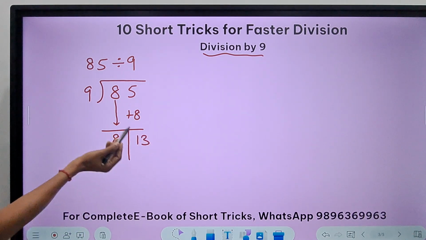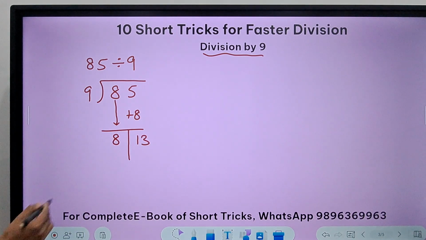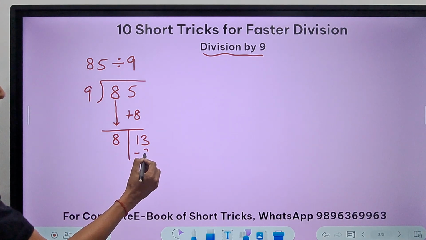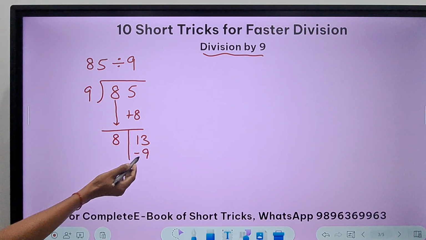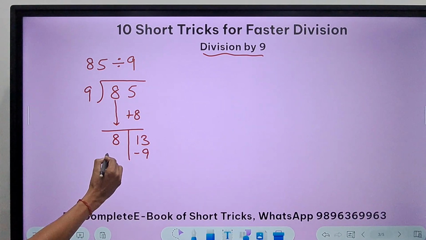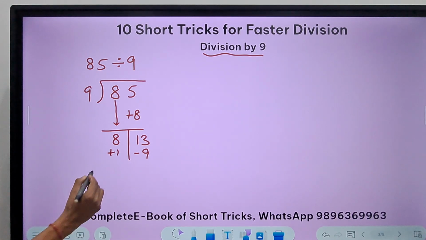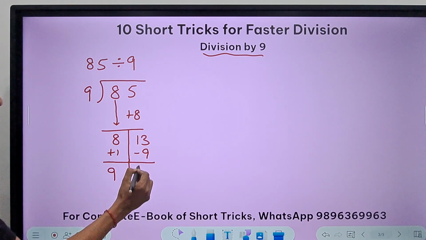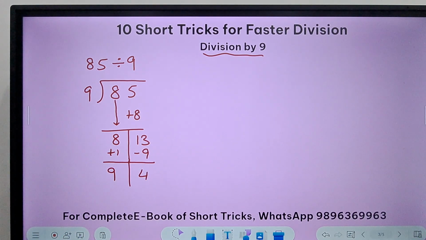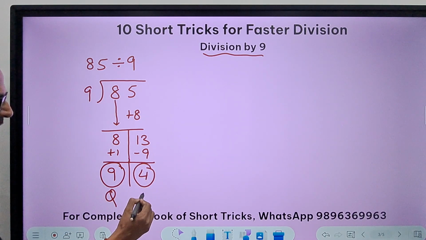Now 13 is more than 9, right? So I can subtract a 9 from here. The first multiple of 9 I am subtracting from here, and therefore I have to increase this by 1. So that's it. What do we get? 9 here, and 13 minus 9, 4 here, and surprisingly this 9 is the quotient and this 4 is the remainder.